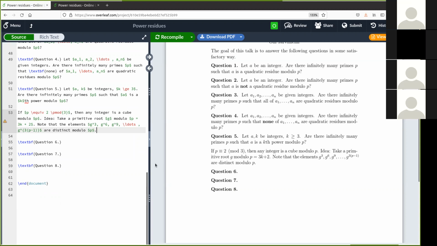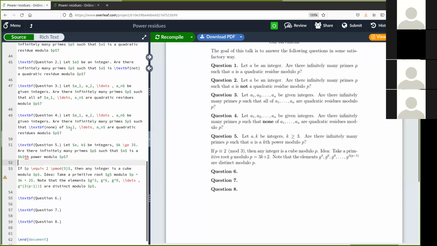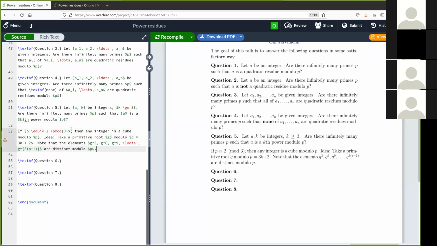The result is actually not true in general because we have some multiplicativity in the structure. That's why we have the condition p is congruent to 1 modulo k, so that this question is actually non-trivial.